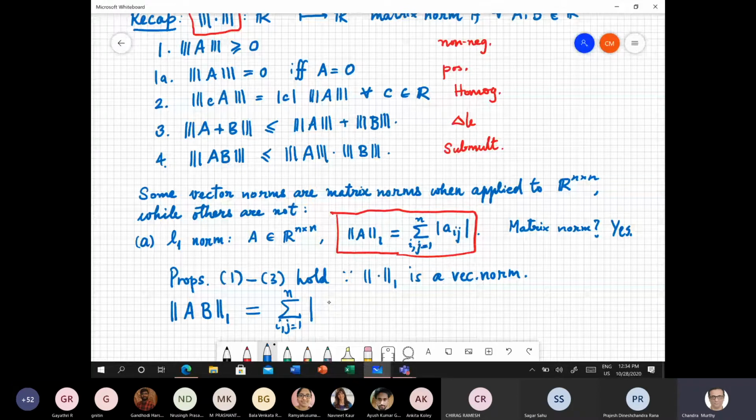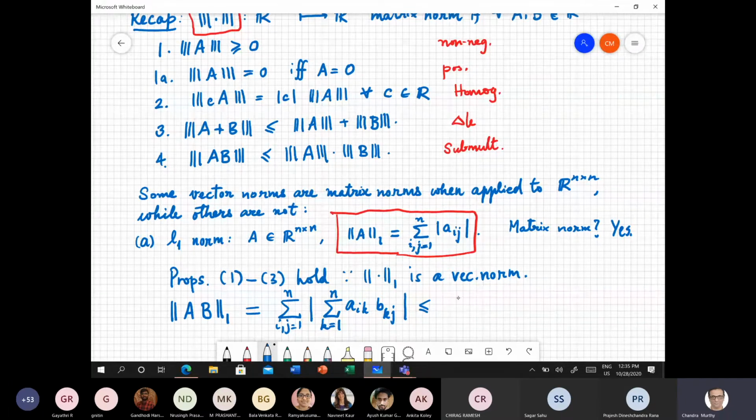If you remember, we discussed different ways of writing out a matrix product. This is the way by which we write out every entry of the product matrix: sum over k of Aik times Bkj. This is the i, jth entry of this product matrix AB. Now this quantity itself I can upper bound by taking the magnitude inside the summation.